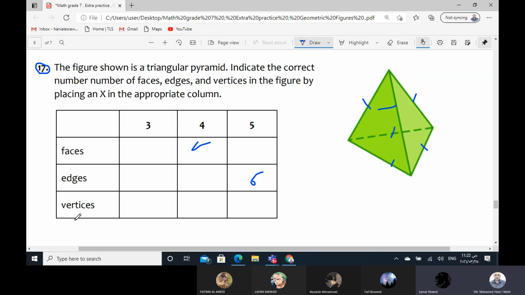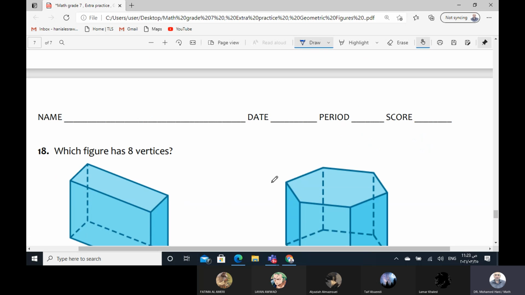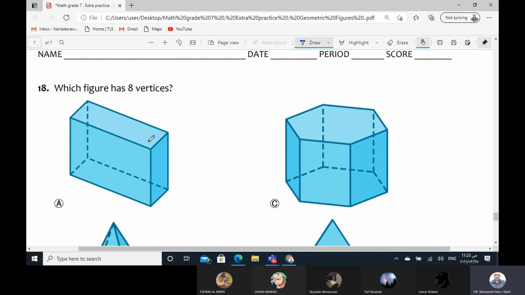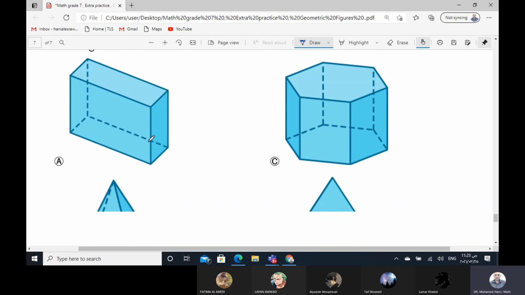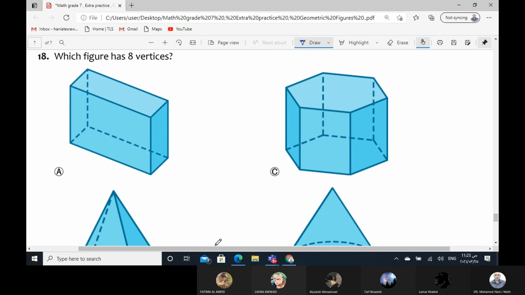There are 4. 1, 2, 3, 4. Okay. Which figure has 8 vertices? Mr. Number A. Number 8. 1, 2, 3, 4, 5, 6, 7, 8.